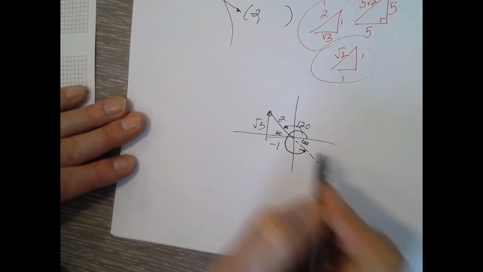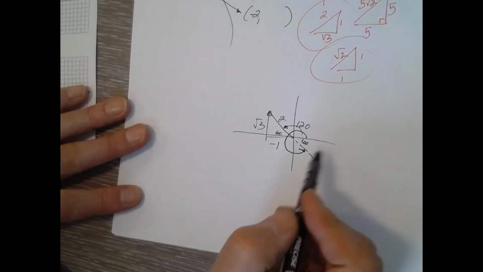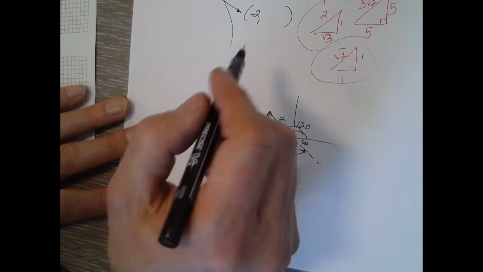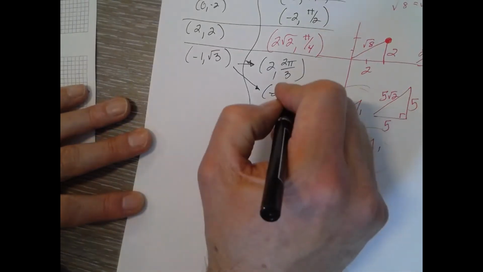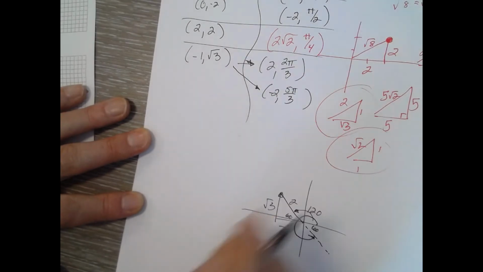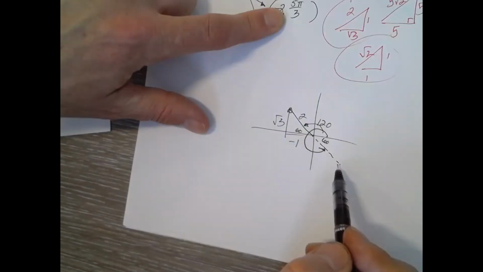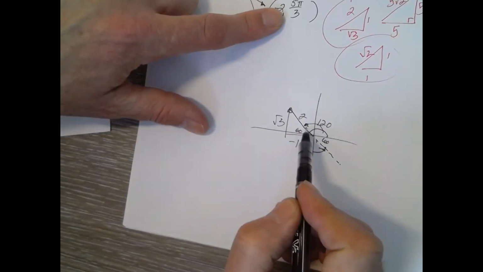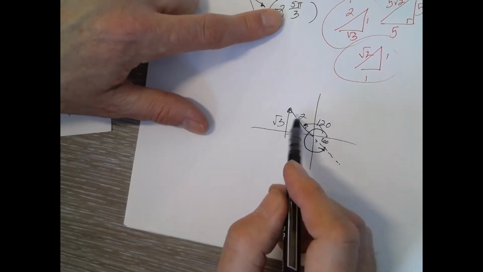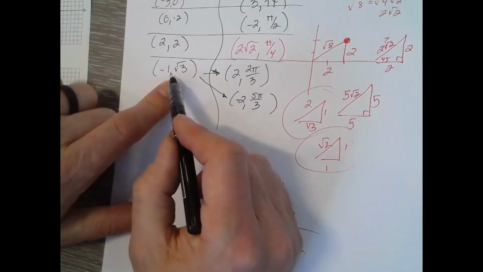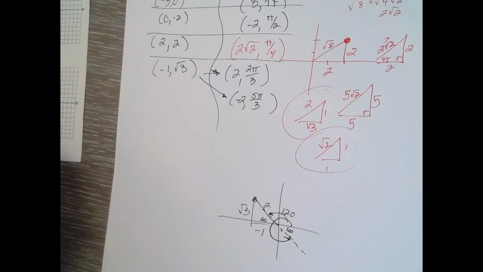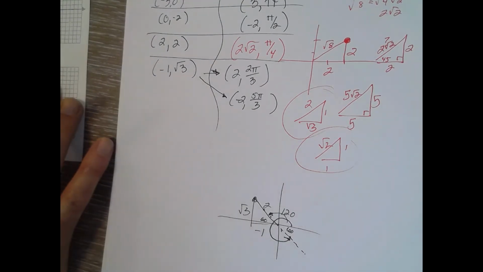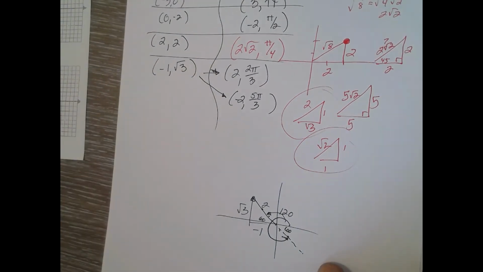So it's 300 degrees, or 5 pi over 3. So -2, comma, 5 pi over 3. If you think about it, 5 pi over 3 is right here. -2 goes right here. So it's the same rectangular with two different polar coordinates. All right, questions on that?